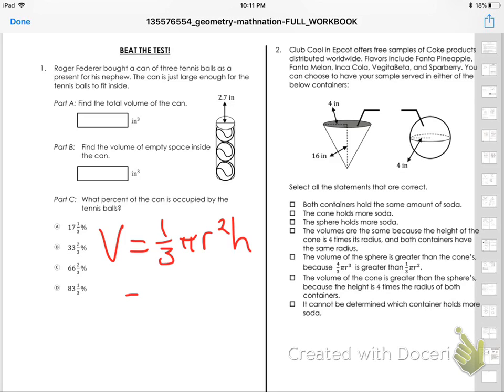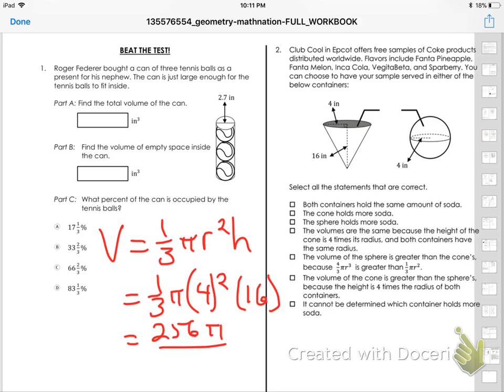So I've got 1/3 pi, the radius is 4 squared, the height is 16. So this is going to simplify to whatever 16 times 16 is. That's 256, yes, 256. 256 pi over 3. That's the volume of the cone.